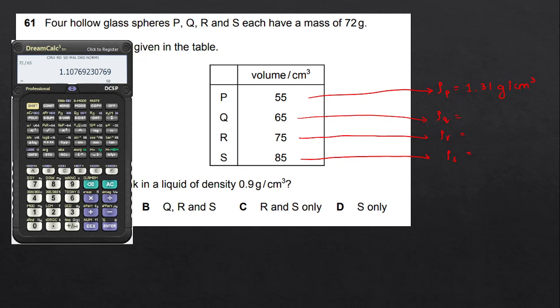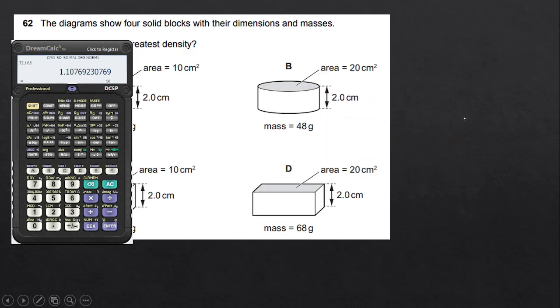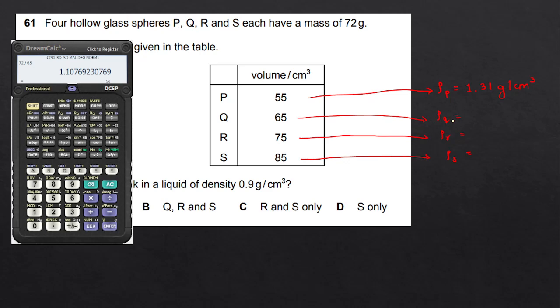We can write it as 1.11 gram per cm cube.